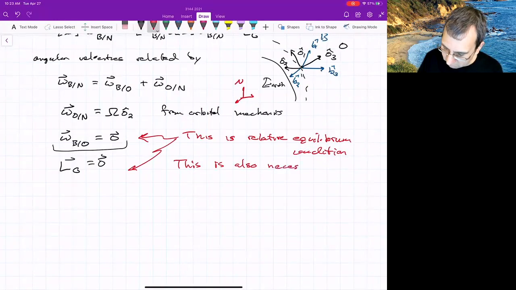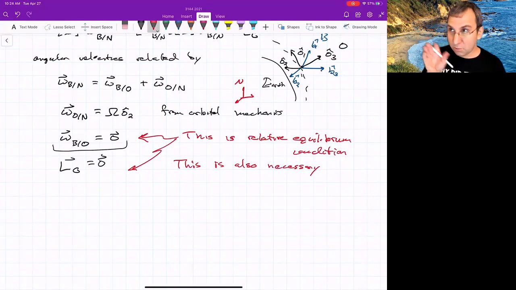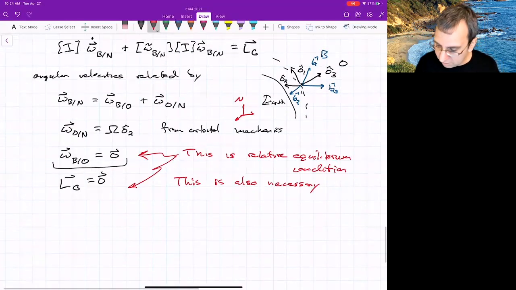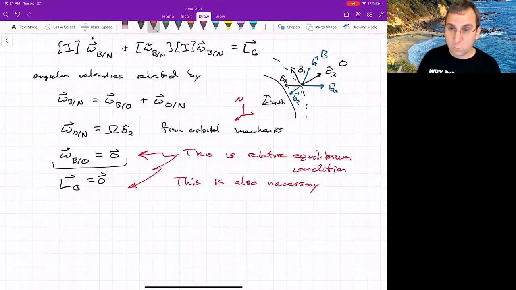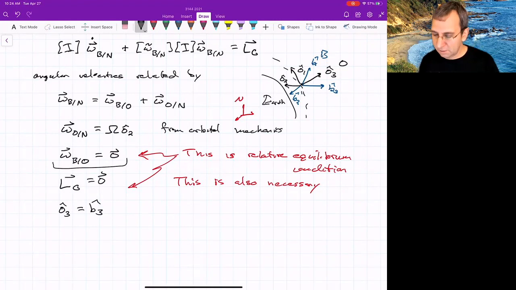This is also necessary. We said that RC had to be aligned with one of the principal axes, which means the O3 direction is in one of these directions. We'll just say O3 is in the direction of B3, okay? For the sake of argument, O3 is B3. You could have O3 being B2 or B1 or negative B1, and those would also work. But just to do the mathematics, we're picking one of the directions and calling that B3.